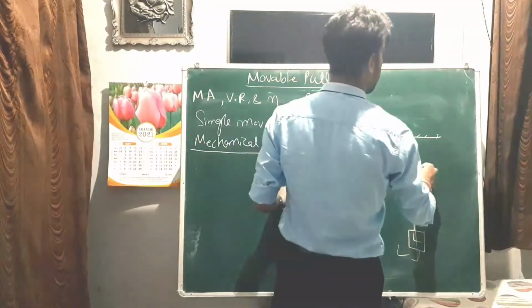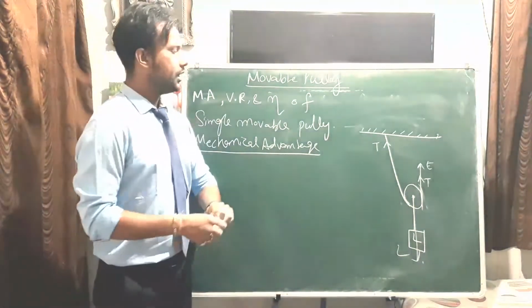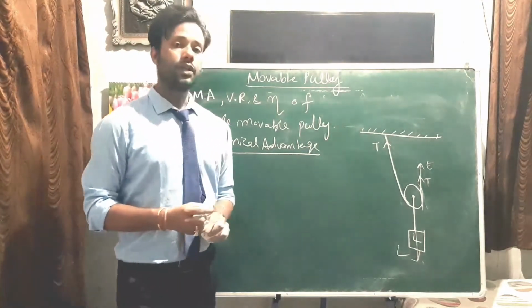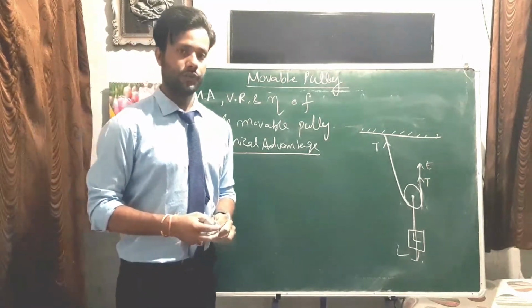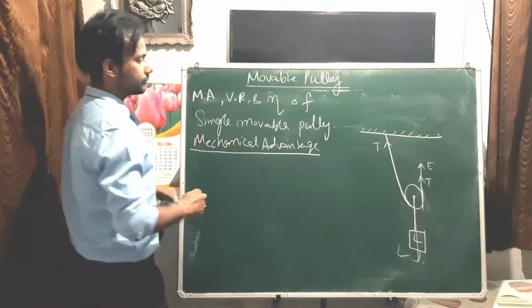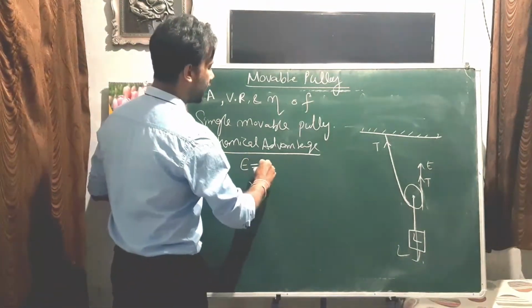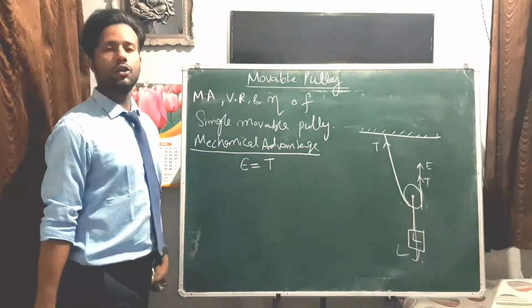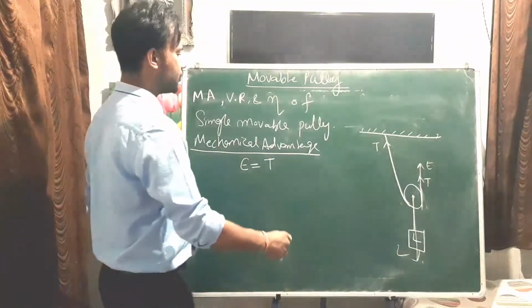Obviously we will apply the effort here, right? Now from this diagram, let's make the equations. You can see that the effort acting on the system is basically equal to the tension in the string, that is T. This is your first equation.